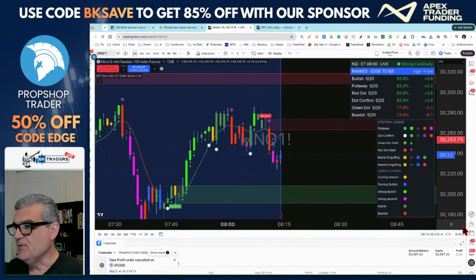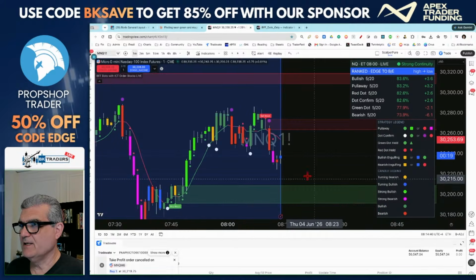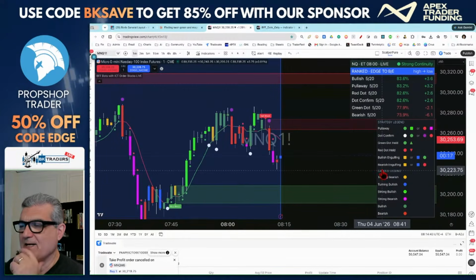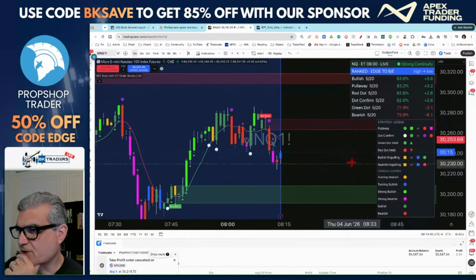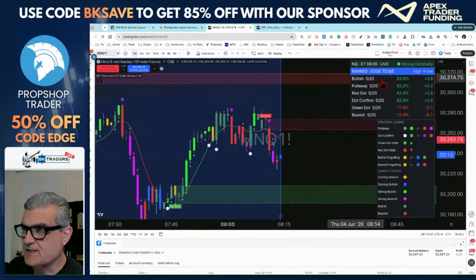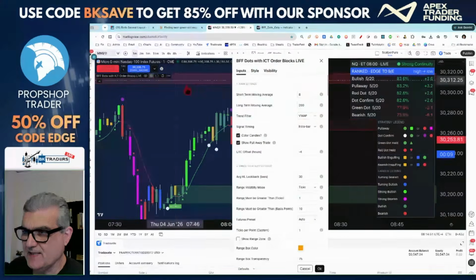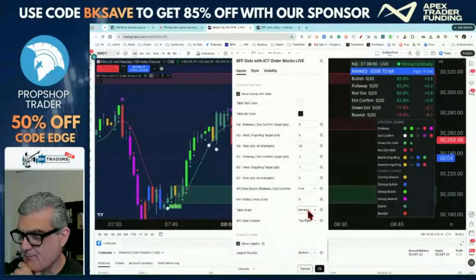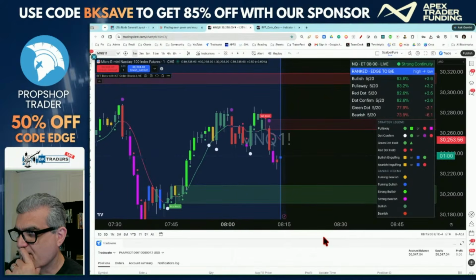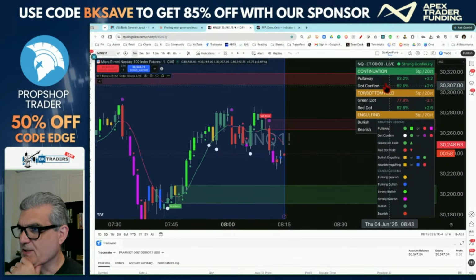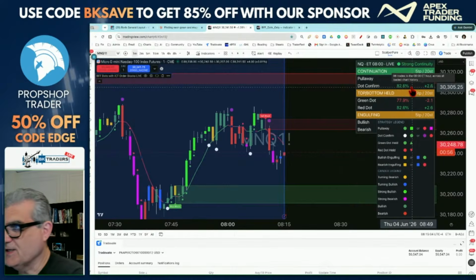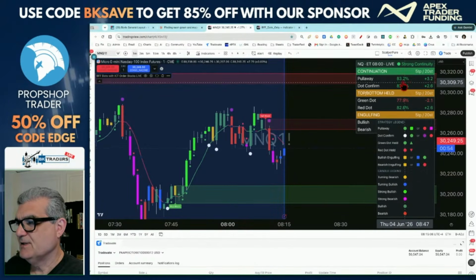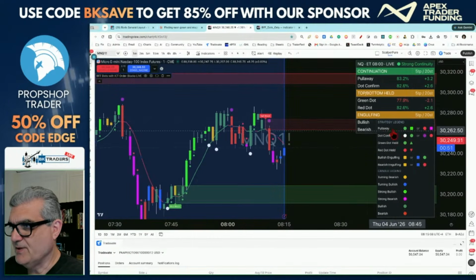Okay, so here's the thing about how you could structure your table. Now, the table, by the way, is not the default setting. The default setting is grouped by category. It shows you the category of trades, so you can see that pull away trades and dot confirm trades are the best, and these are middle kind of trades.